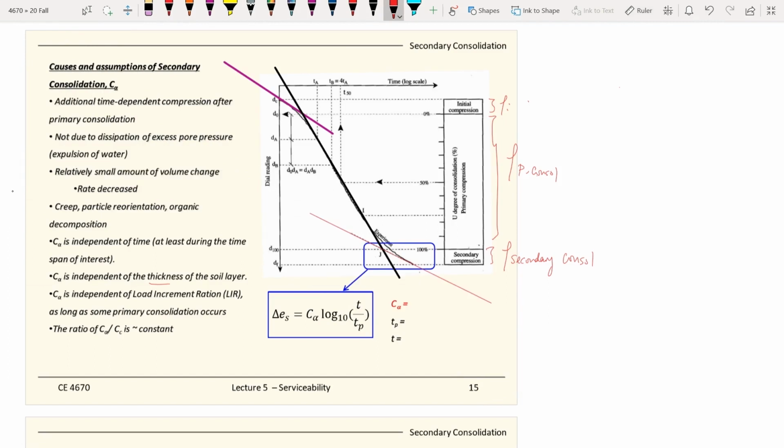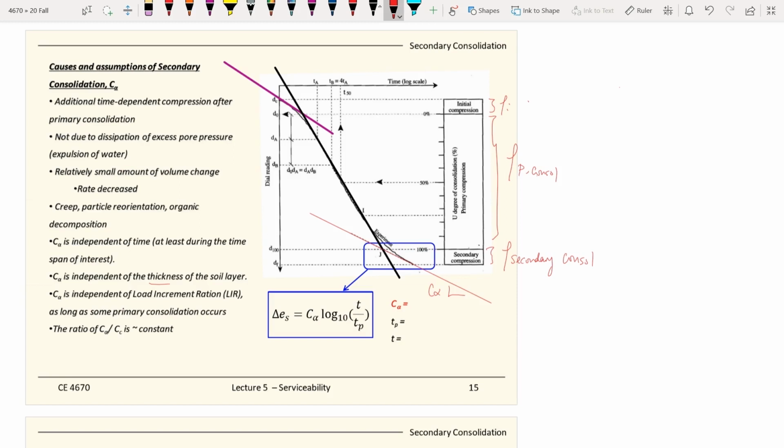And in this graph, the x-axis is the time scale in log scale, and the y-axis is the deformations. So you read the dial gauge, you keep monitoring the amount of deformations, and each part of it gives you the slope. For the secondary consolidations, it is C sub alpha.